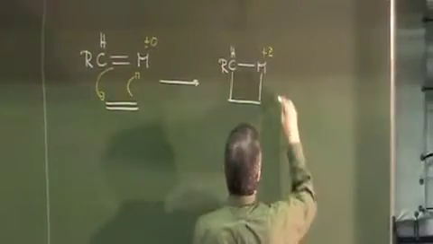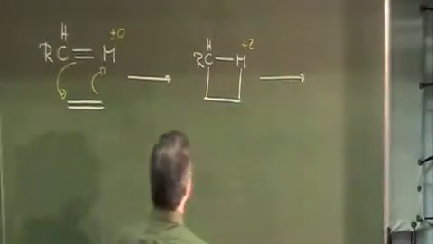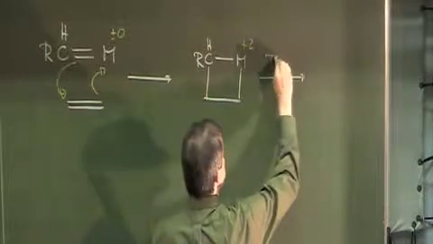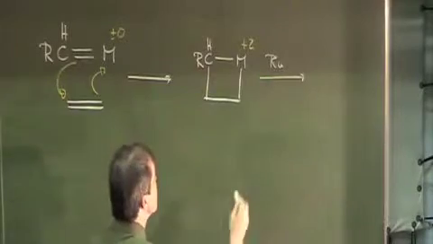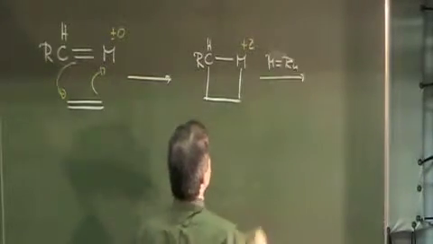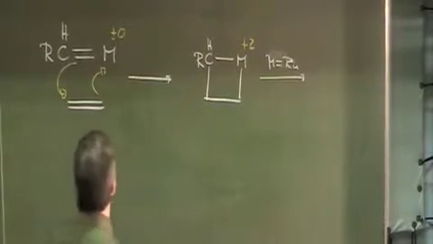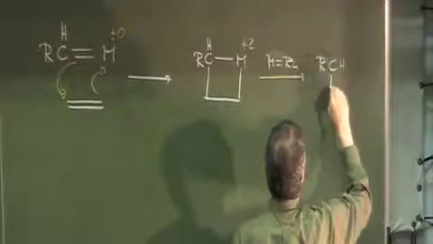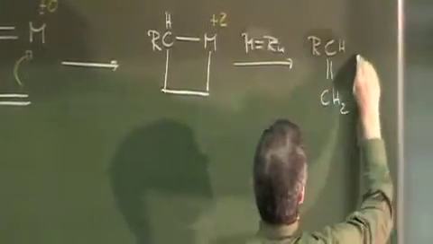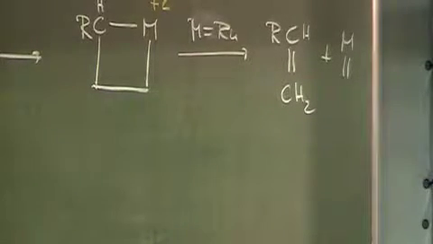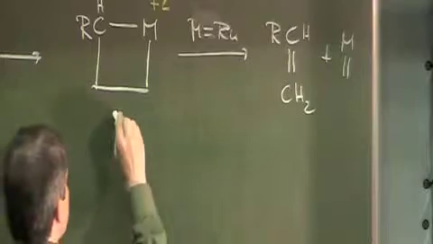And then we have seen that with certain metals such as ruthenium, the metathesis reaction takes place in that a new alkene and another metal carbene complex are formed.